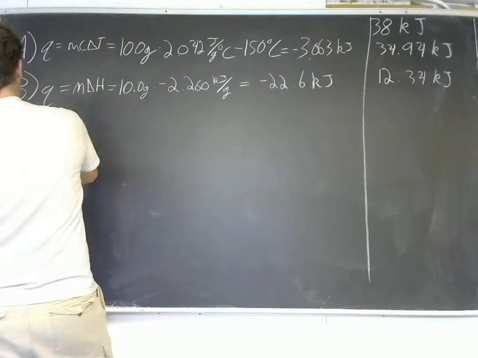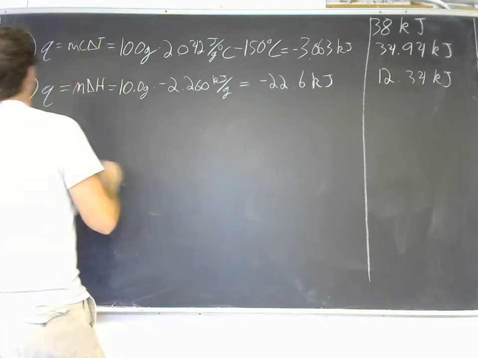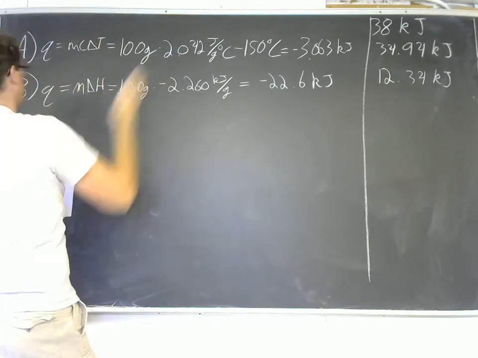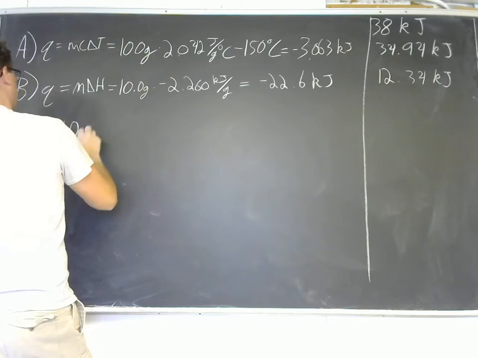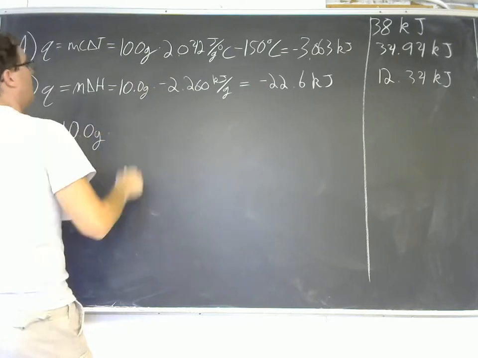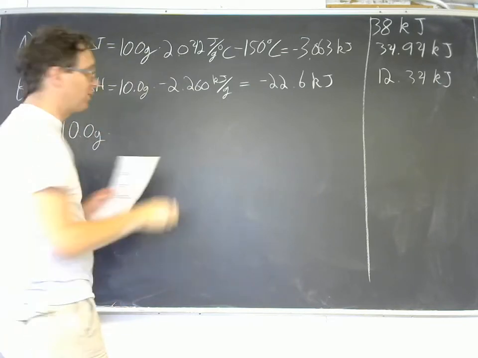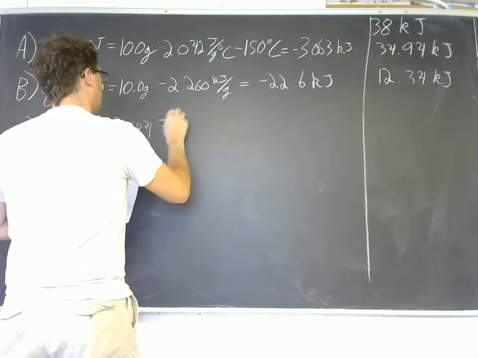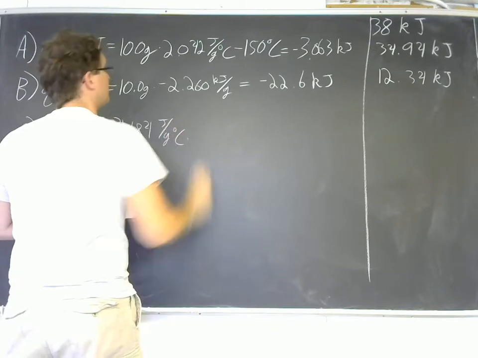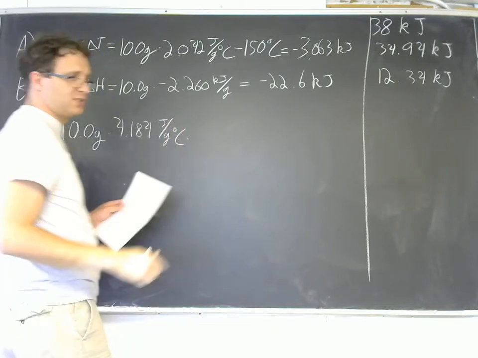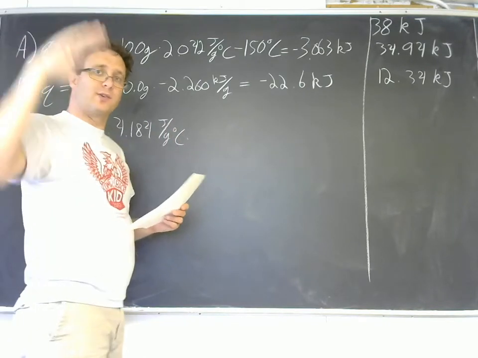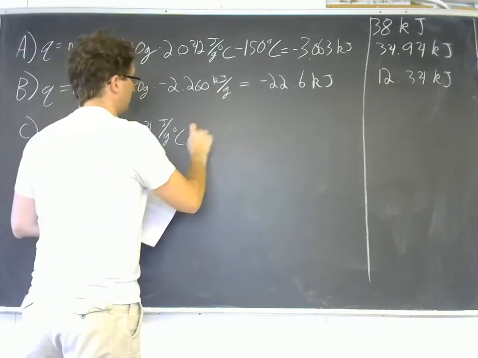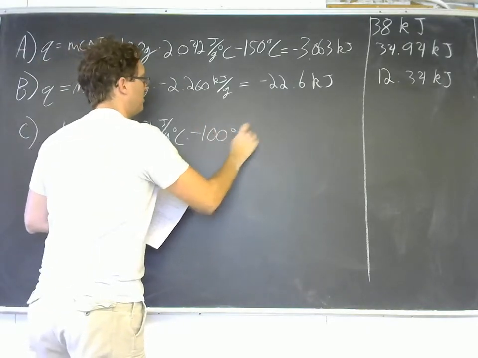Step C, the cooling of the water, is again going to be mc delta T. So that's 10.0 grams. The specific heat for liquid water is 4.184 joules per gram degrees Celsius. And the temperature changes from the boiling point 100 down to the freezing point of 0. So that's negative 100 degrees Celsius.